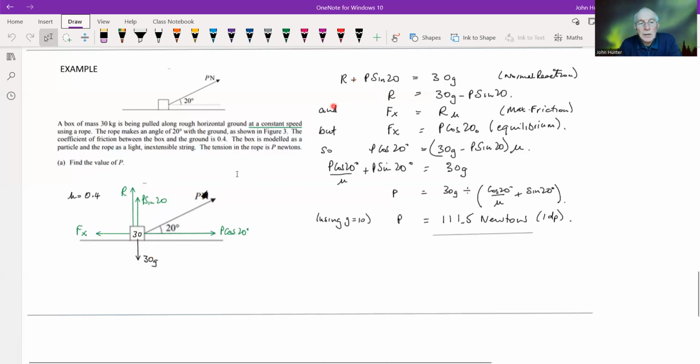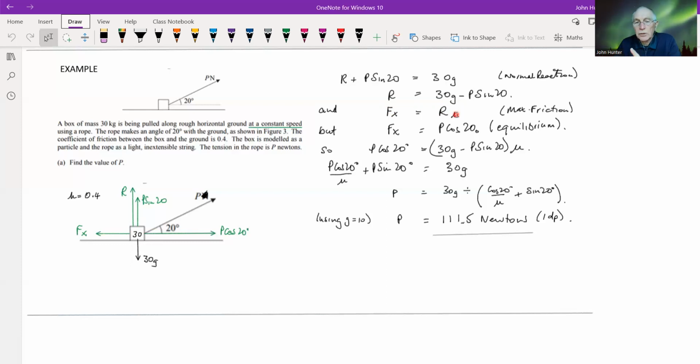R plus P sine 20, the upward forces, equals 30g, the downward force, and then rearranging that, we get this. Then also looking at our maximum friction equation, the maximum friction is equal to the reaction force times the coefficient of friction.